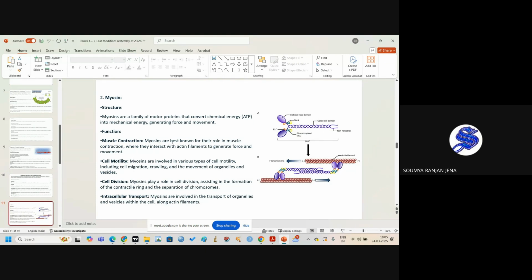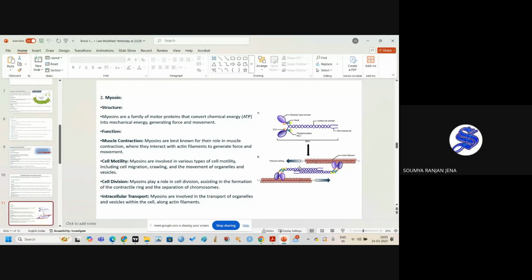These myosins are best known for the muscle contraction process, where they interact with actin filaments, and they also help in cell motility. Myosins are involved in various types of cell motility, including cell migration, crawling, and the movement of organelles and vesicles.